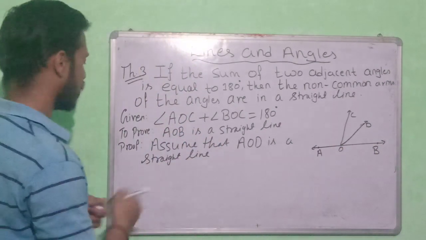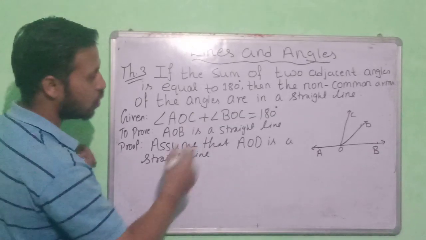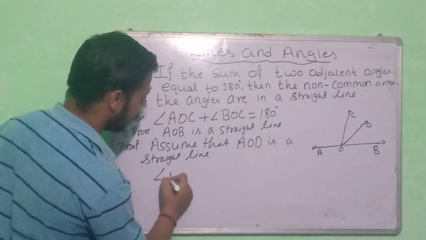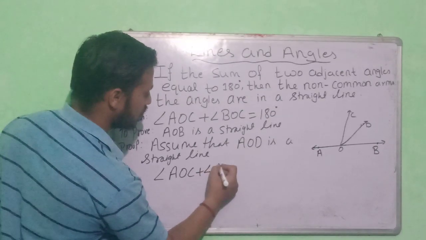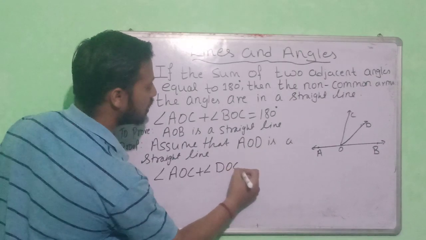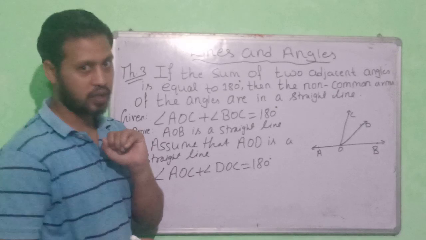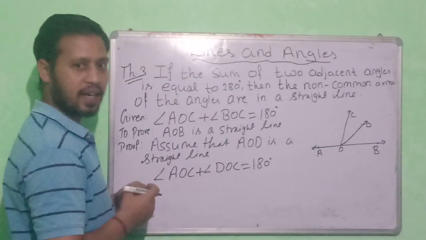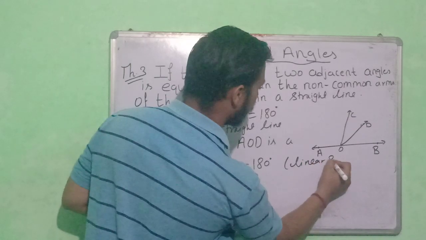So, we will start. As we assume that AOD is a straight line, we can write angle AOC plus angle DOC equals 180 degrees. In the previous theorem, we studied that the sum of two adjacent angles is equal to 180 degrees. You can write here linear pair.